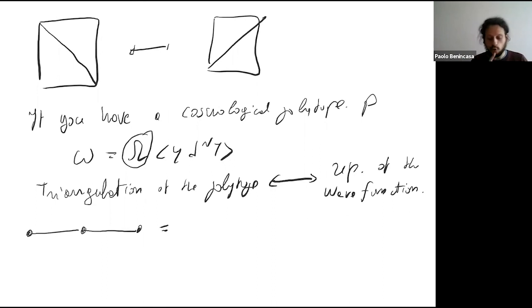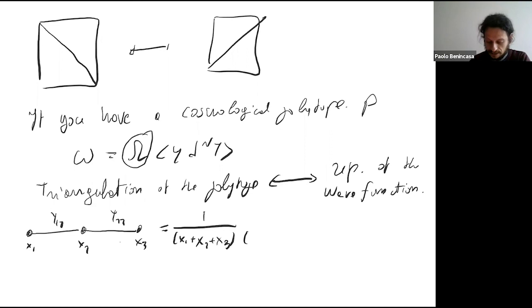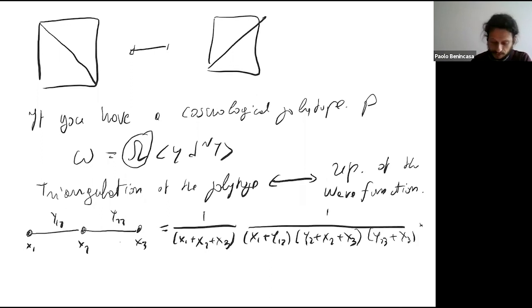Here you have two ways to cut the edges. So writing directly the answer, one thing you get is this, the total energy, times x1 plus x2 plus y3 plus.